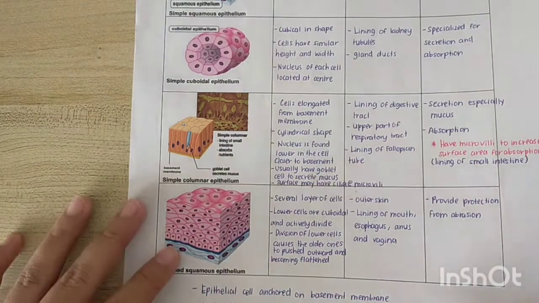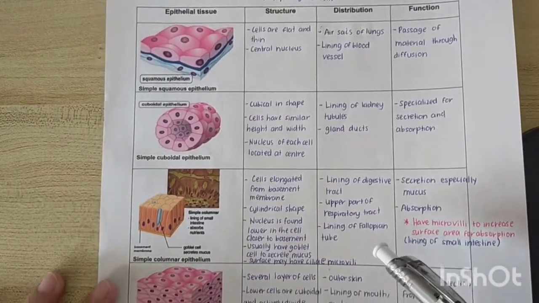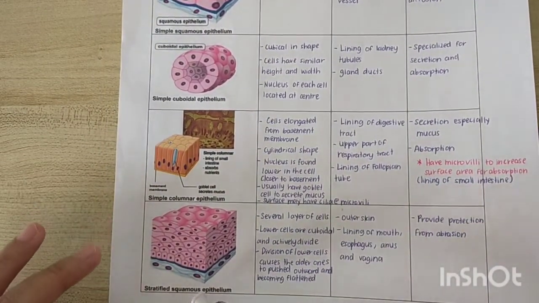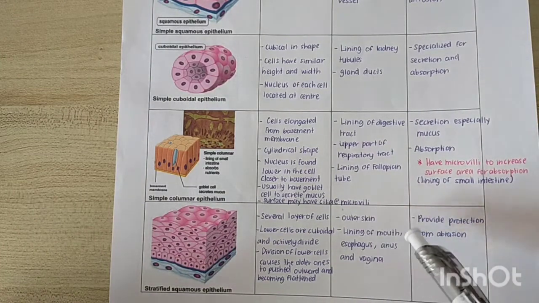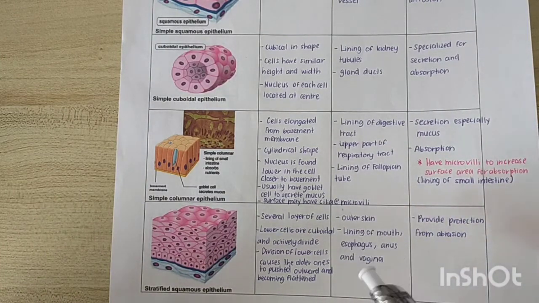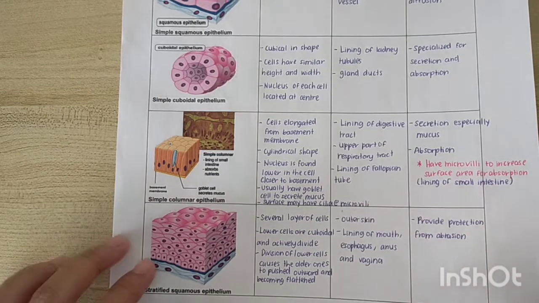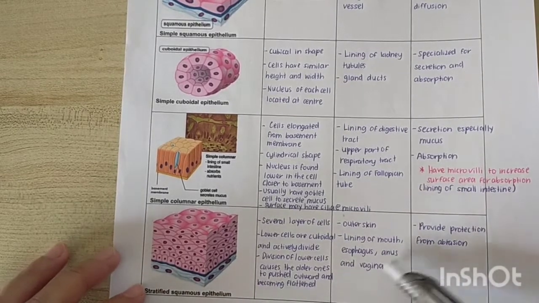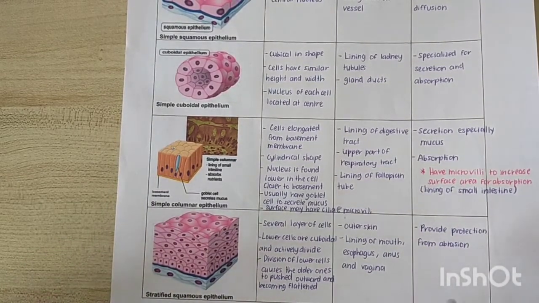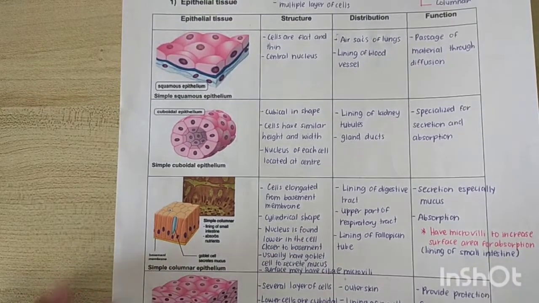Okay, and then the distribution, where we can find the stratified squamous epithelium, is at the outer skin, lining of the mouth, esophagus, anus, and also vagina. Okay, so the function of this stratified squamous epithelium is to provide protection from abrasion. Okay, so this is for epithelial tissue.